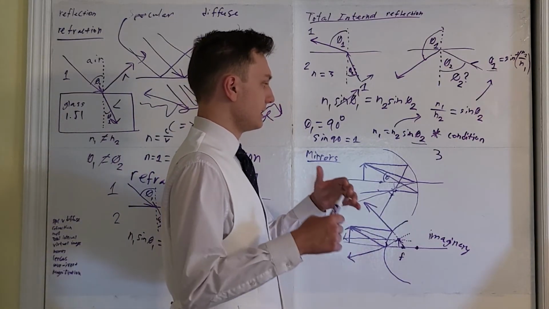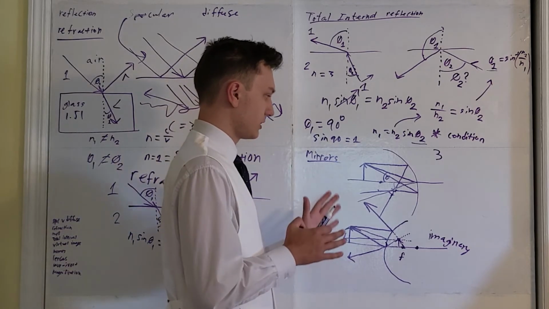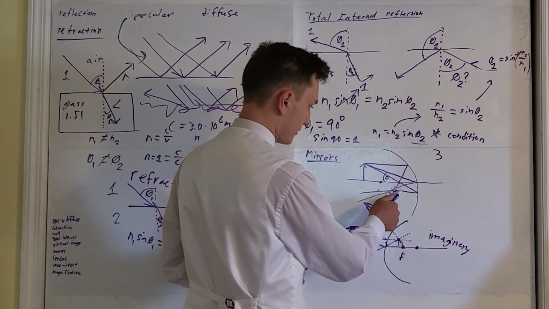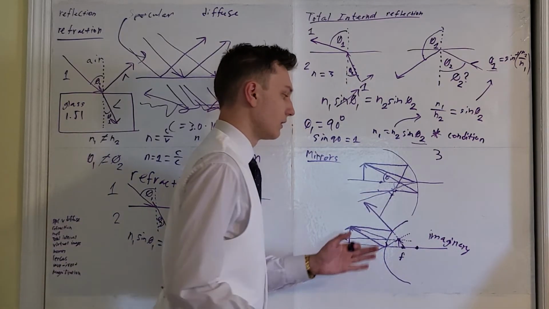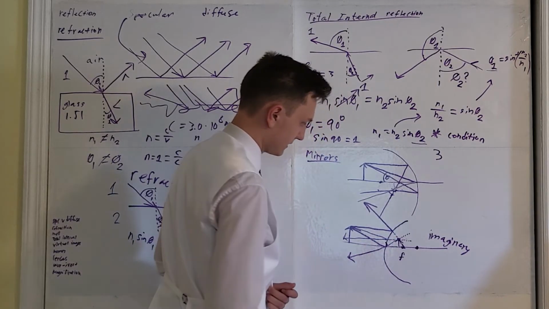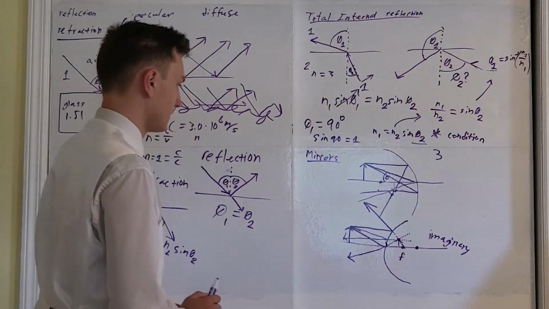But the be-all, end-all rule for whether an image is imaginary or real is: all real images are formed by the convergence of real rays. All imaginary images are formed by the convergence of imaginary rays, or backtraced rays, as some people call them.